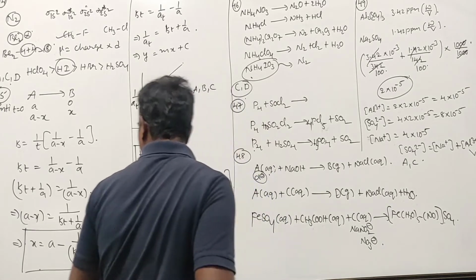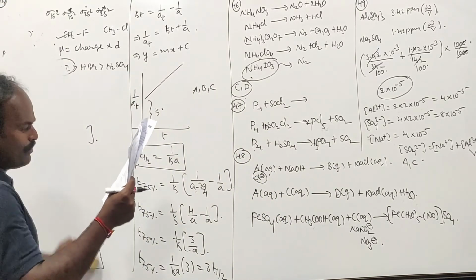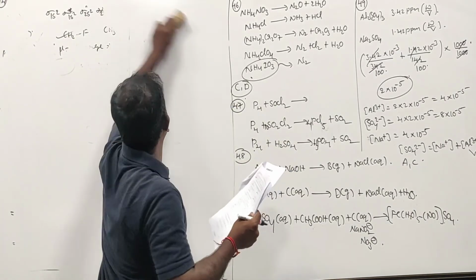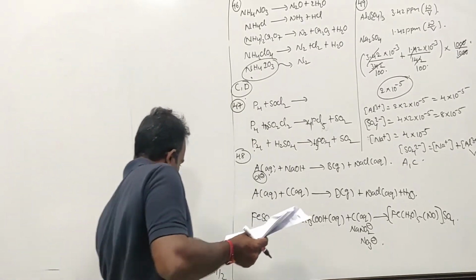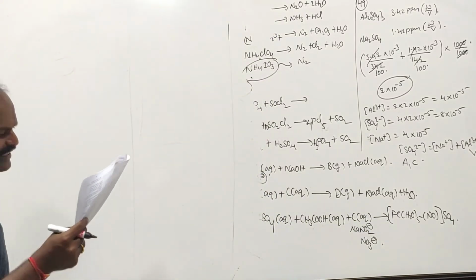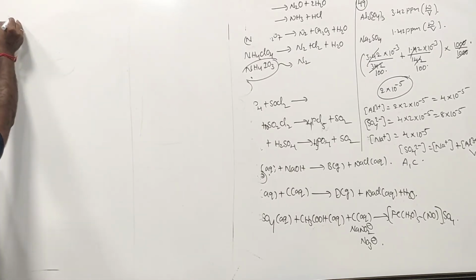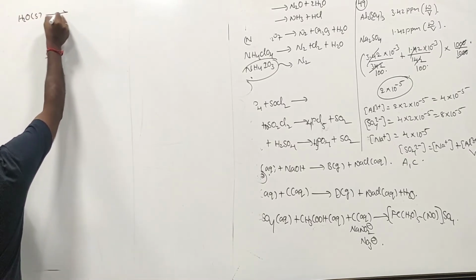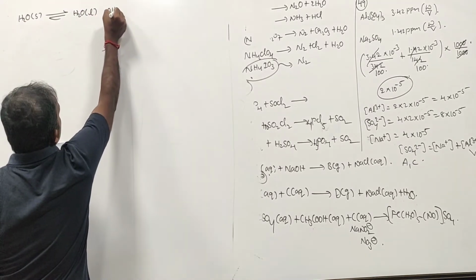Next, if you look at the next one, that is question number 50: melting of ice at minus 1 degree Celsius and 1 atm shows, melting of ice, H2O solid to H2O liquid, delta H is equal to positive.